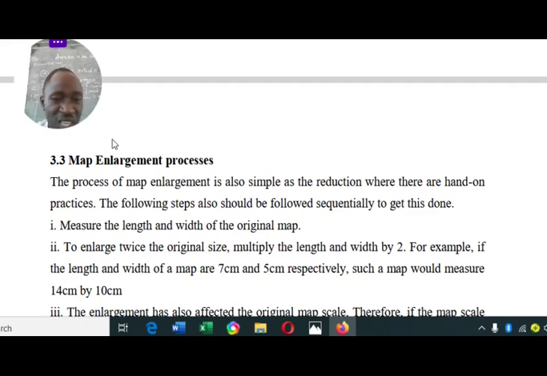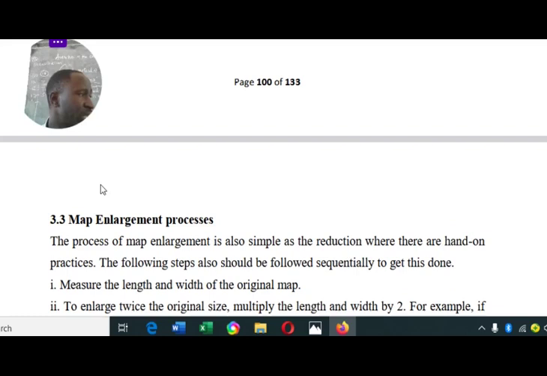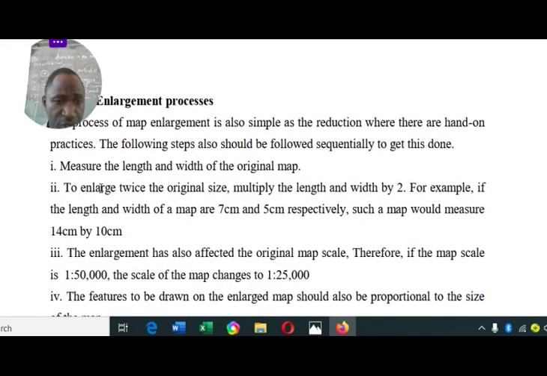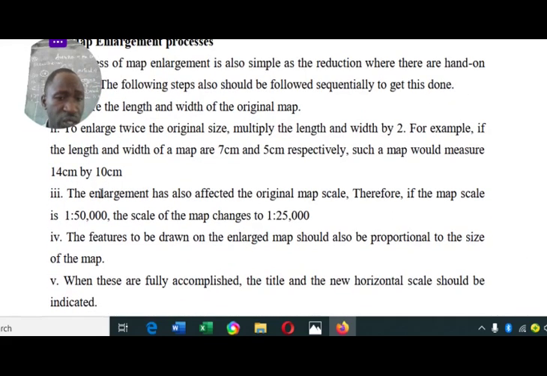Again, you have to measure the length and width of the original map. After establishing that, to enlarge the trace of the original, we simply multiply by 2 on both sides, the length and the width.